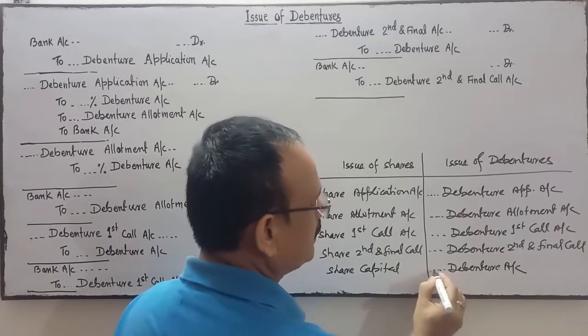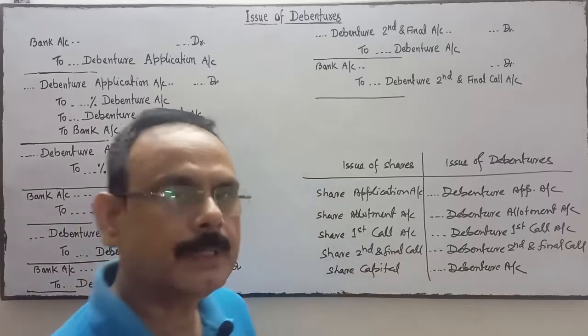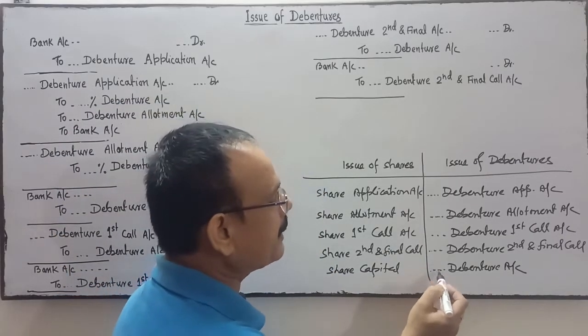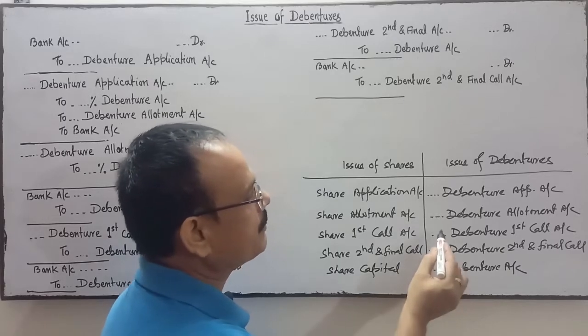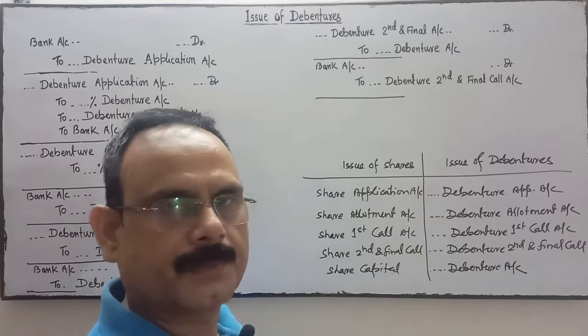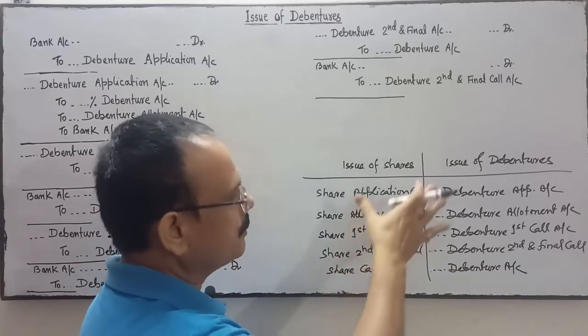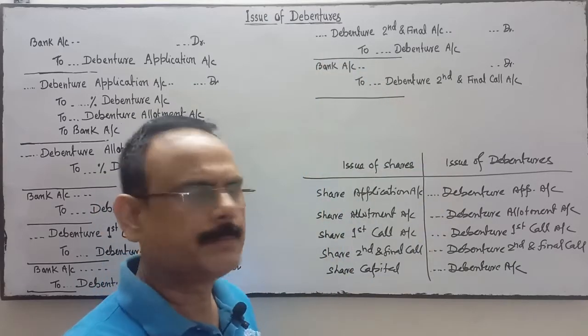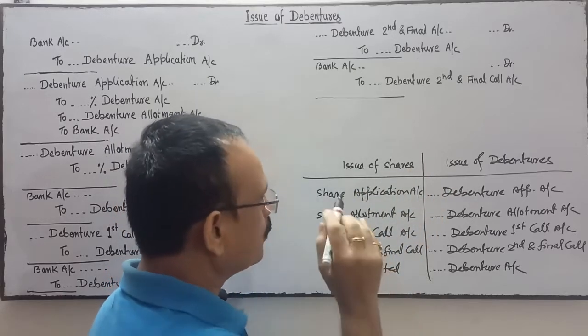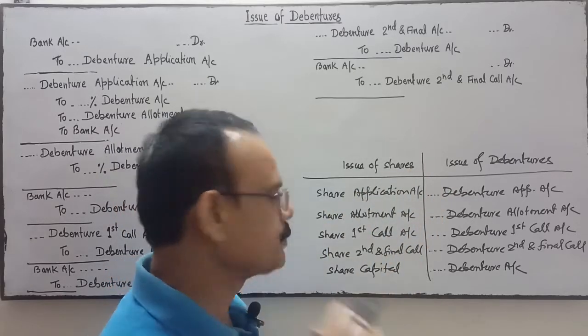Here you have to write the interest on debenture. If interest on debenture is 9%, then we will write 9% here also, 9%, 9%, 9% and 9%. So the journal is the same, but the words are changed.